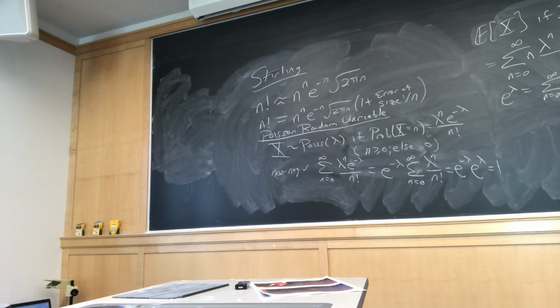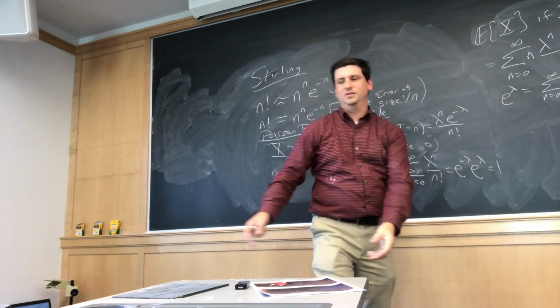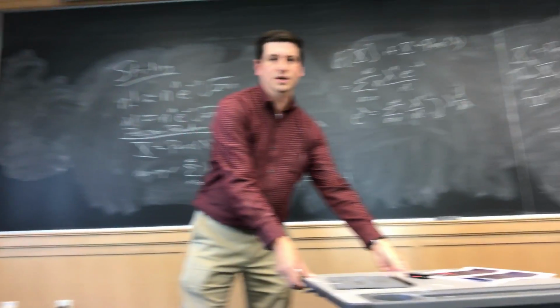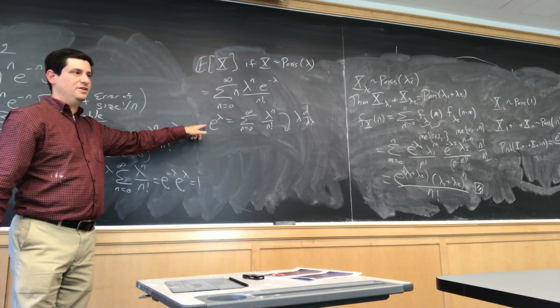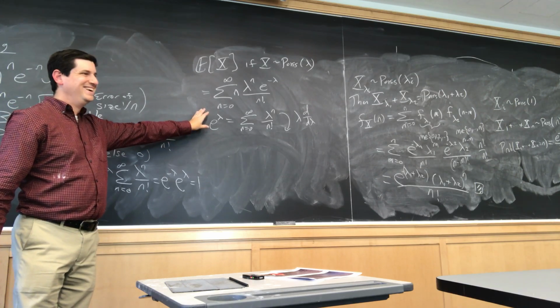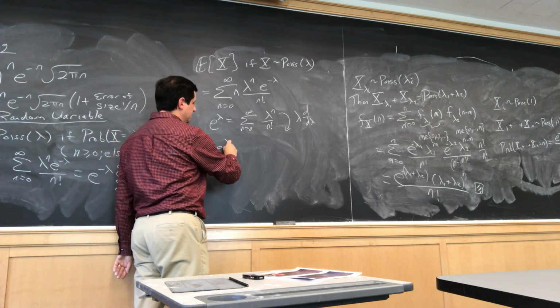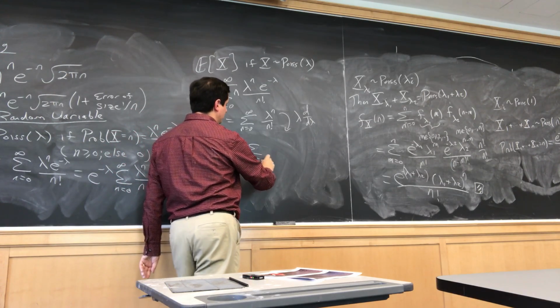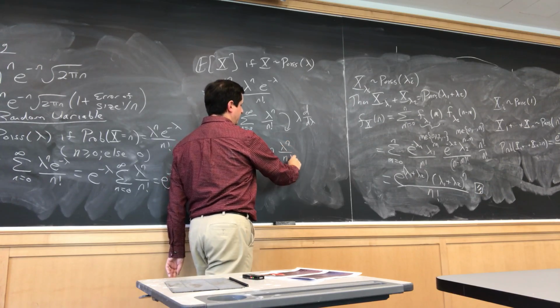And so we start off with our identity. We apply the operator lambda d by d lambda. And okay, what's the derivative of e to the lambda? It's just e to the lambda. So we just get lambda e to the lambda is the sum, n goes from 0 to infinity, of n lambda to the n over n factorial.